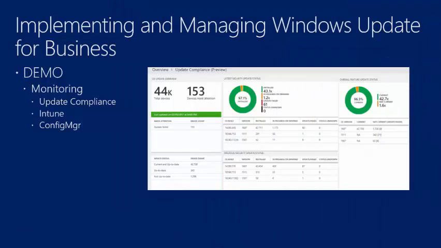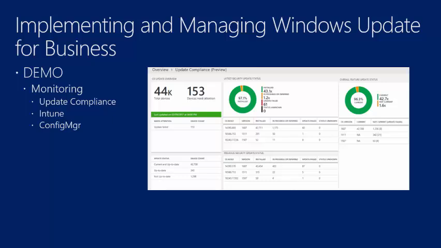Now Config Manager is an interesting one. We'll talk about it more as we get closer to the end of the presentation. There are some caveats with Config Manager. Config Manager works great for reporting results for systems it patches, but for Windows Update for Business, there is no ability for Config Manager itself to apply the patches to systems, and so it's not going to get the data back about the status of those updates so easily.